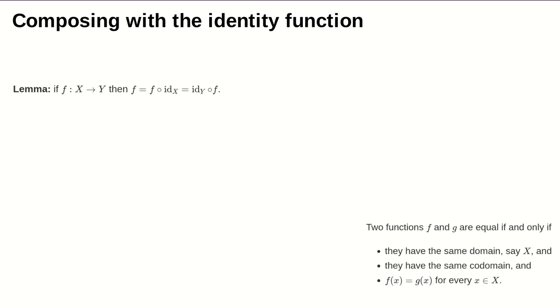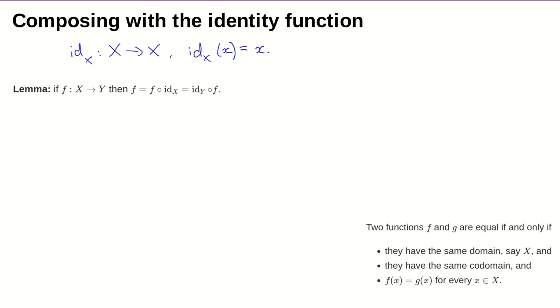Okay, last slide is about composing with the identity function. So I'm going to remind you of the definition of identity function. If you have a set x, then the identity function on x is defined as a function from x to x which does nothing. So the identity function on x at an input little x equals little x.